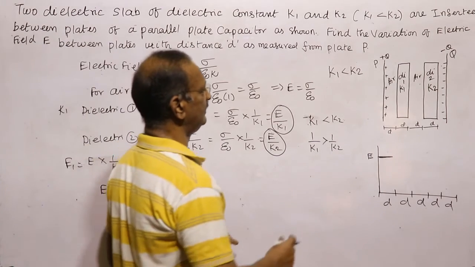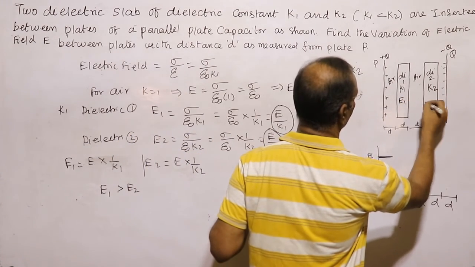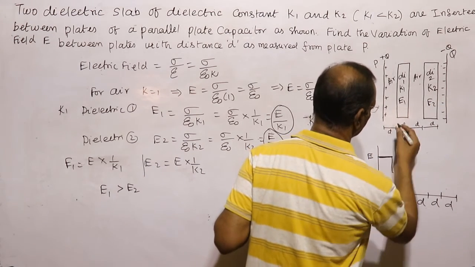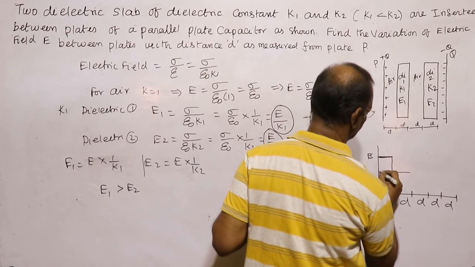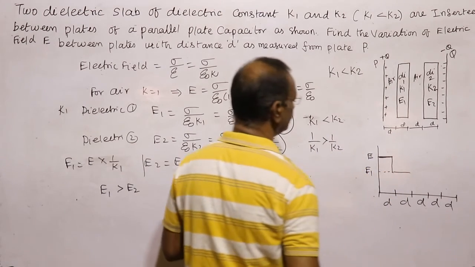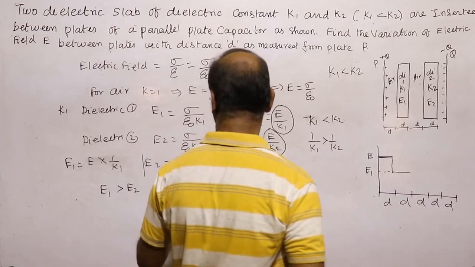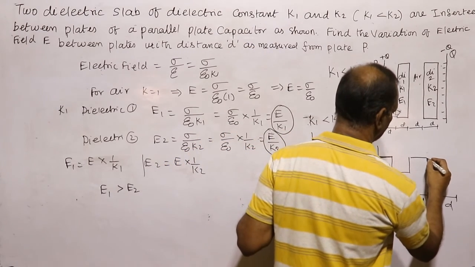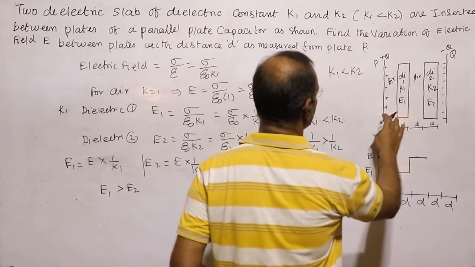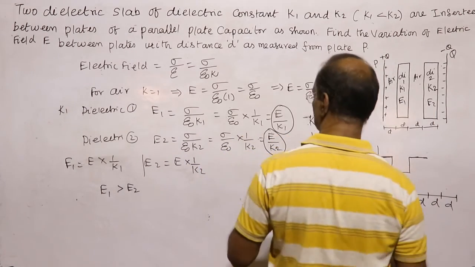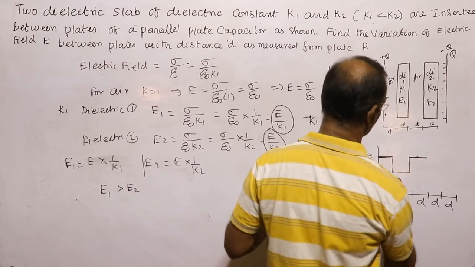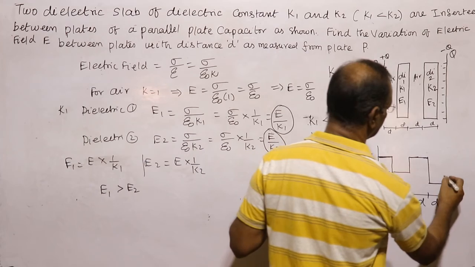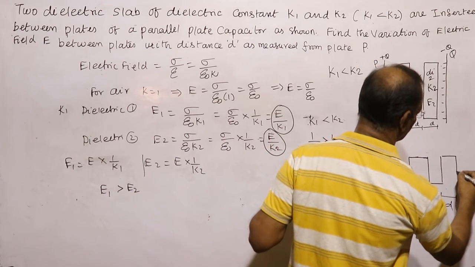Here is E1, here is E1, here is E2. We can write this is E1 for this slab, and since E1 is greater than E2, again air is coming, then this will be the plot. Air, E1, air, then E2. E1 is greater than E2, it means E2 will be smaller, then again air is kept as a dielectric.